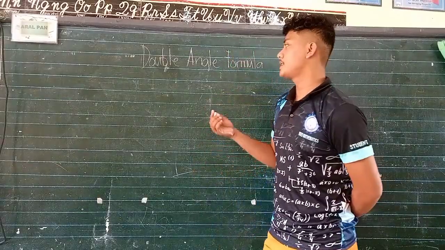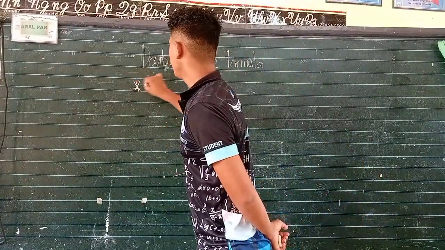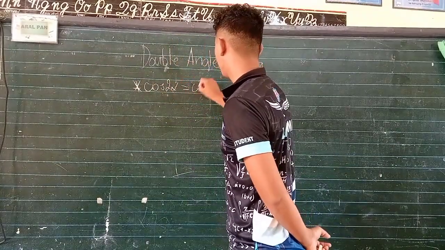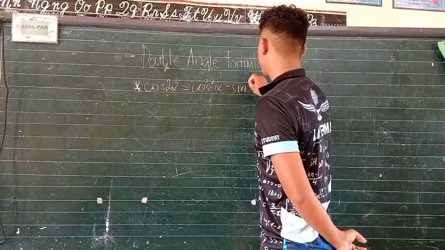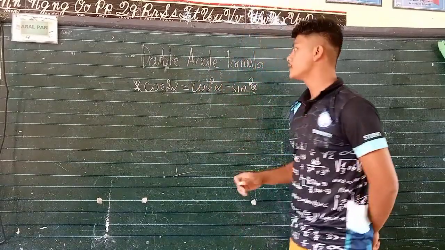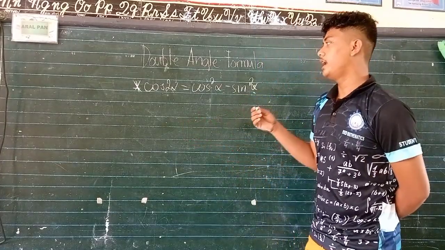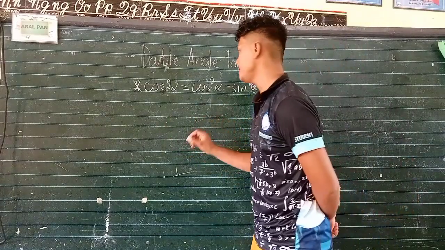To proceed to the second formula for the double angle, the cosine: cos 2 alpha is equal to cos squared alpha minus sine squared alpha. To prove this, we can use again the addition formula for the two angles of cosine.